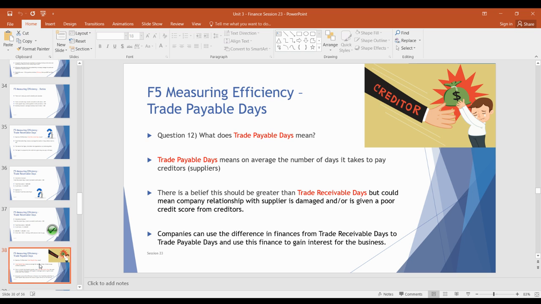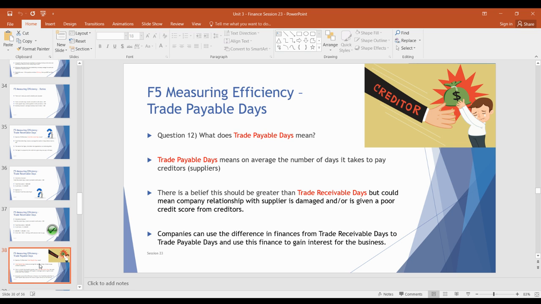Slide 38, trade payables. So trade payable is when you are paying for the trade. It means, on average, the number of days it takes you to pay your creditors, i.e. your suppliers.